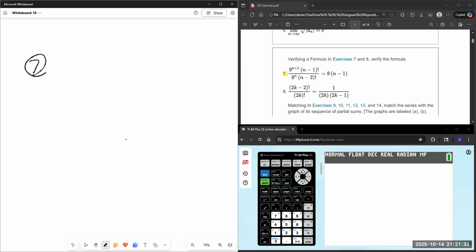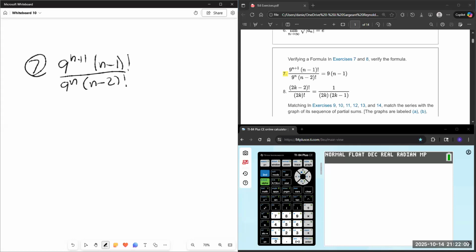The ratio test is great to use when I have exponentials, factorials, or a mixture of both. So let's establish that 9^(n+1) over (n-1) factorial, over 9^n times (n-2) factorial, where this was my series right here. What's that going to do?